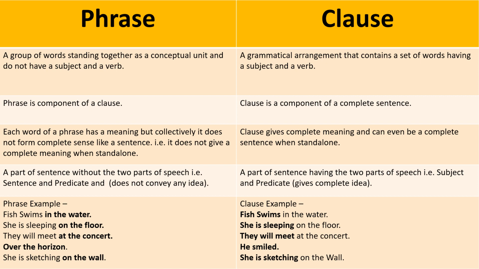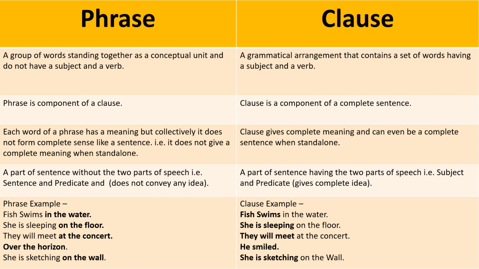Similarly, a clause is a grammatical arrangement that contains a set of words having a subject and a verb. The second point about a phrase is that a phrase is a component of a clause, and a clause is a component of a complete sentence.